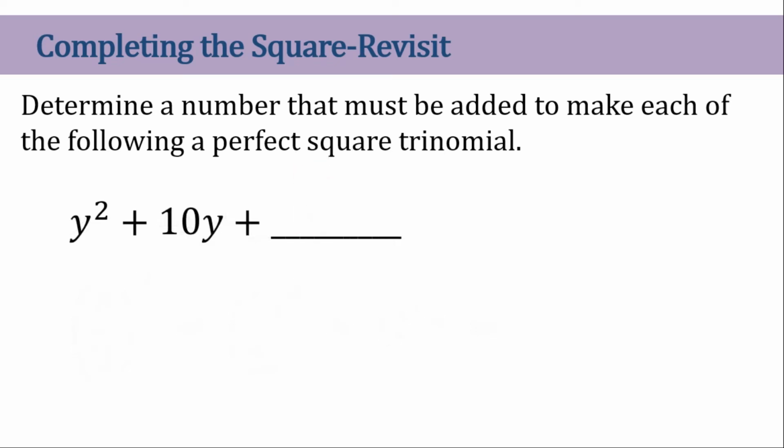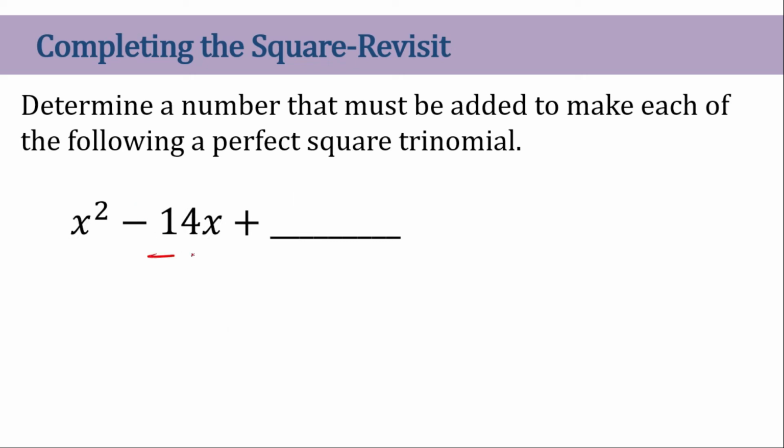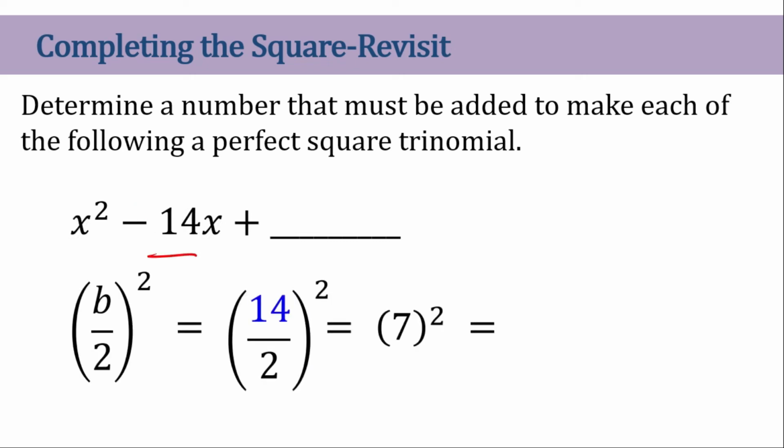And this one, let's divide 10 by 2. 10 divided by 2 squared, and that is 25. Another example, we have this one. 14 divided by 2 is 7. 7 squared is 49. I hope that you could follow the pattern.